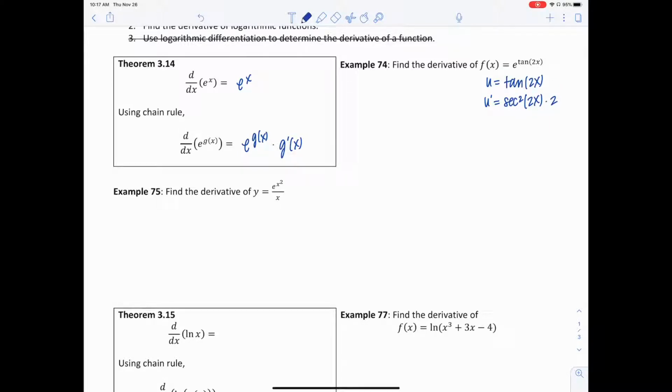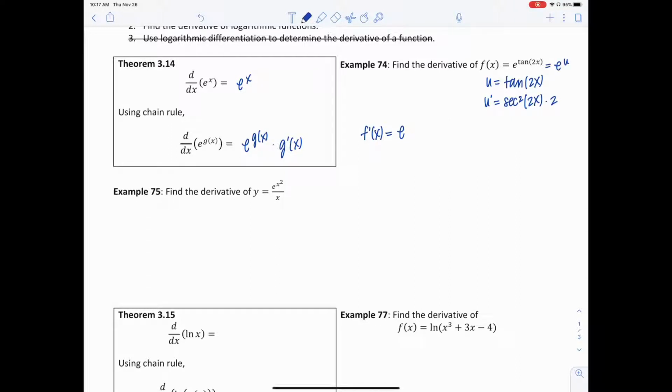Okay, so that means when I take the derivative of f of x, it's still e to that u, I guess. So it's really e, let's do this, e to the u.